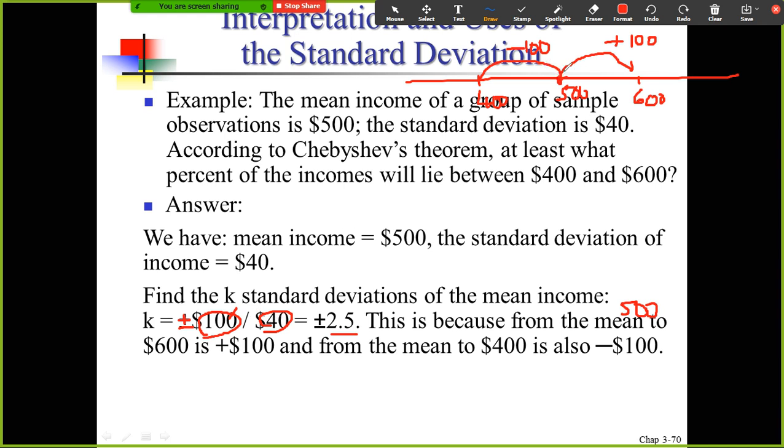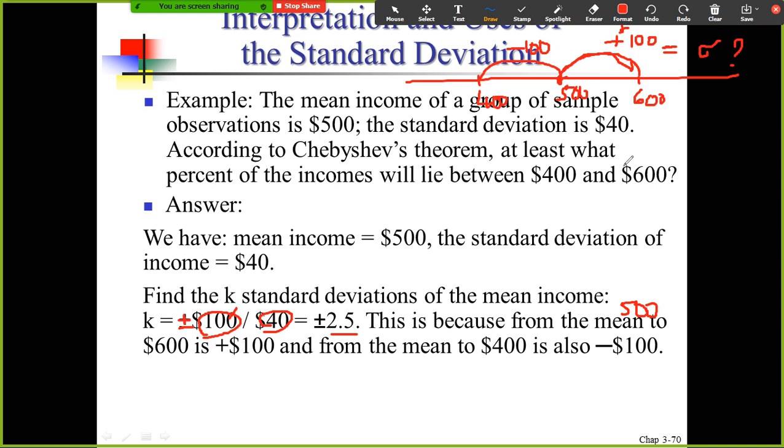So from 500 to 600 is $100. But $100, how many standard deviations? In order to find how many standard deviations, you need to take this value divided by the value per standard deviation.